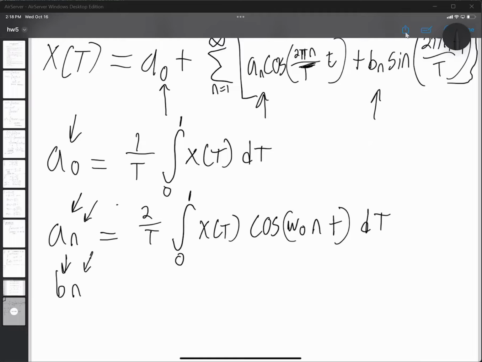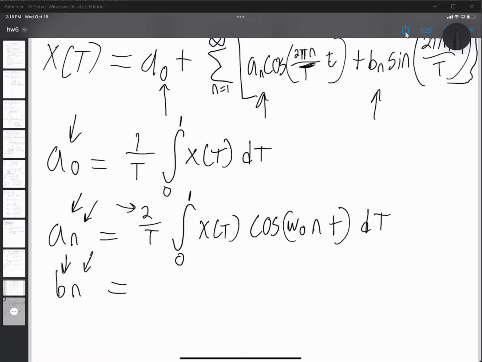We need this 2 over T to count the negative and positive portions of cosine and sine, because we need to get the proper amplitude of both portions.